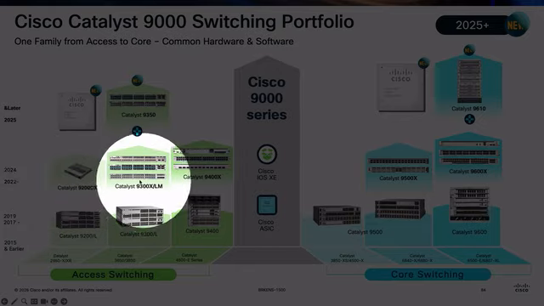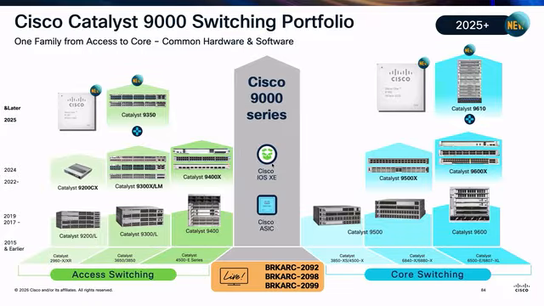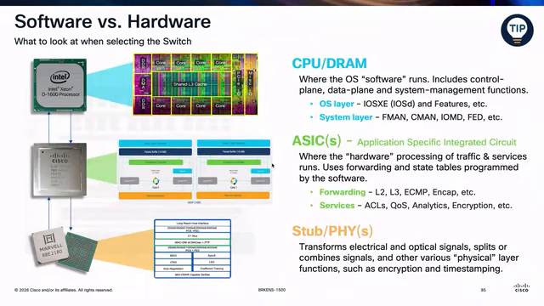So you've got a choice between high density, low density. You've got different form factors at your choice. You've got modular and fixed choices for both core and access layer. And someone may ask why. And it's a great question, because it all boils down to the hardware that is soldered on the motherboard, right? CPU, ASIC, and PHYs.